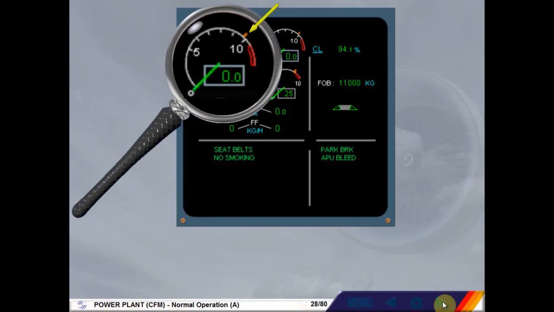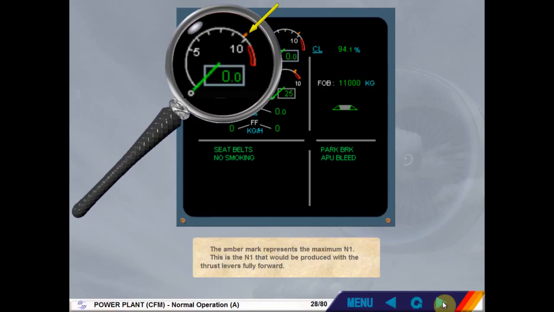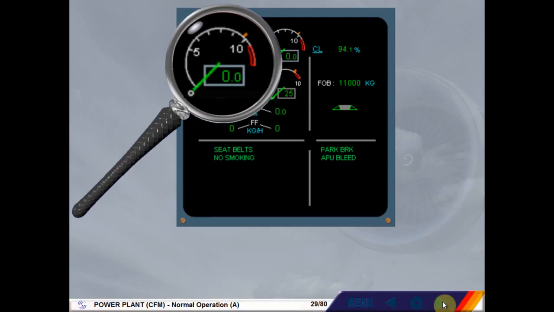The amber mark represents the maximum N1. This is the N1 that would be produced with the thrust levers fully forward. The beginning of the red area represents the max permissible N1.